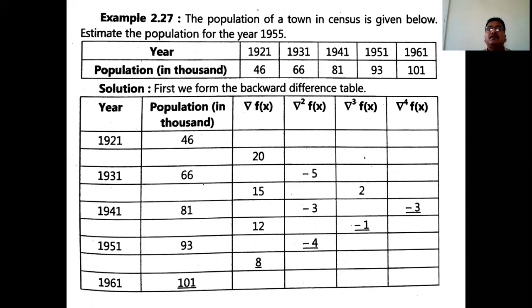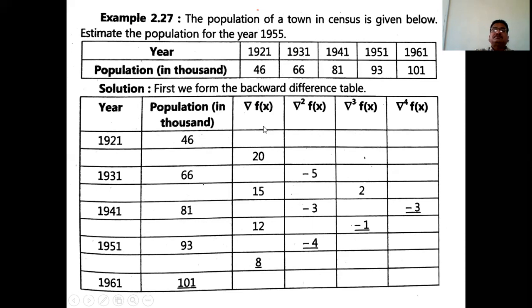So we have to find the value at year 1955, then prepare the difference table. Instead of the forward difference table, here prepare the backward difference table, because we have to find the value at year 1955 by using the Newton backward interpolation formula.